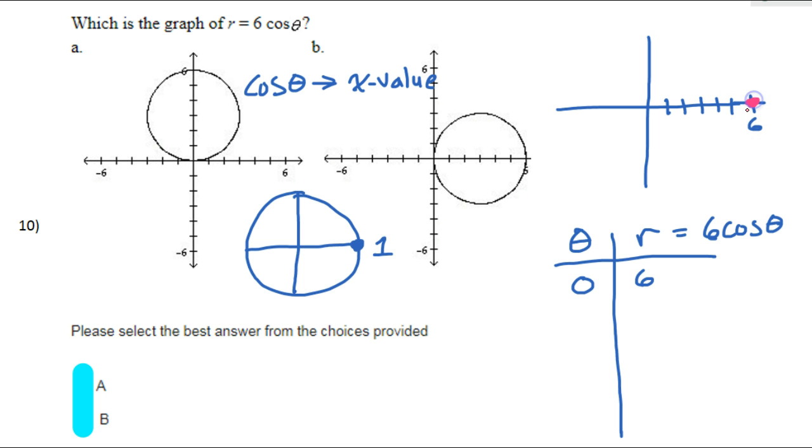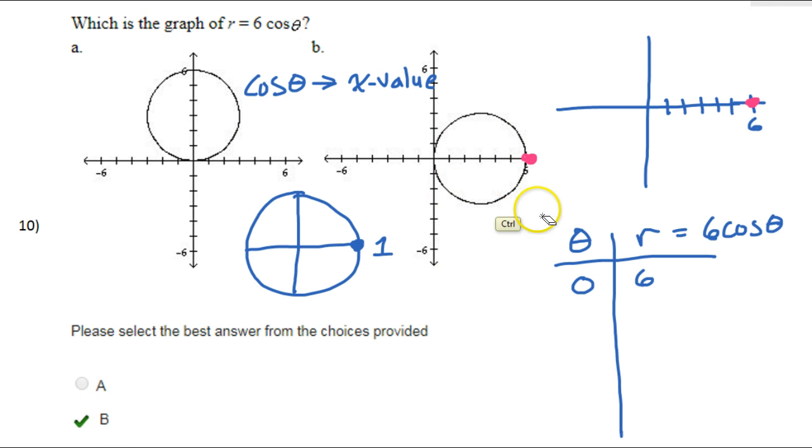My first point should be right there. That alone allows me to choose between these two options. Which one of these two graphs has this point on it? Well, it's this one. Between these two options, only option B includes the point 0, 6. So the answer is going to be B based on that alone.